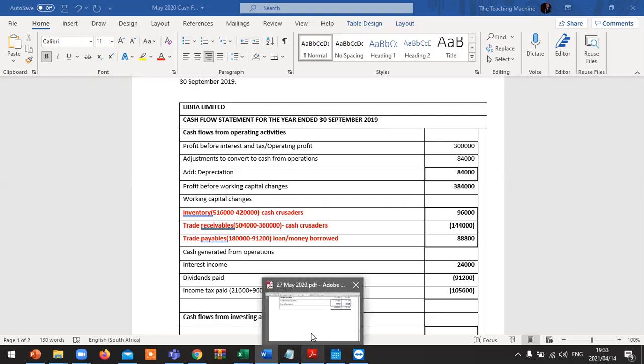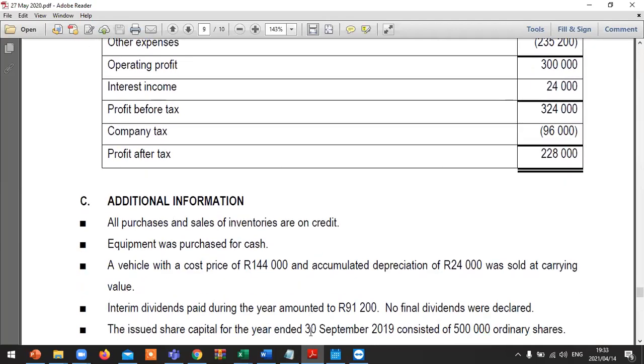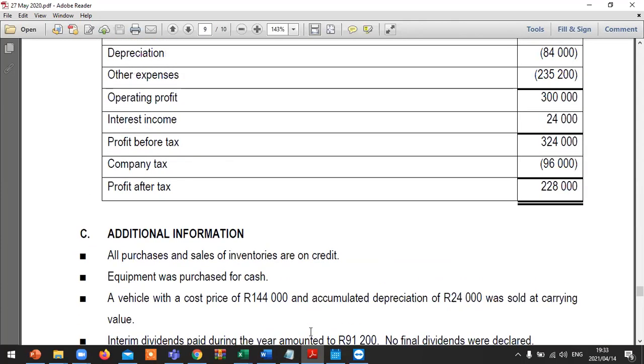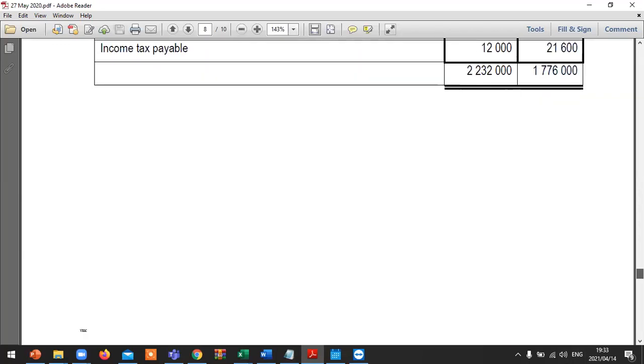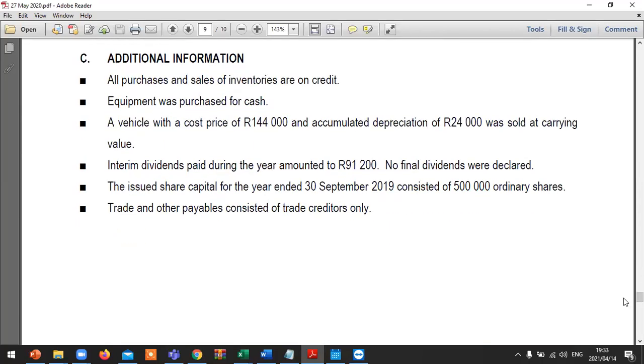Okay, let's quickly go there. Where is the note? There, just additional information, where it says equipment, a vehicle with a cost price of 140 and accumulated depreciation of 24,000.